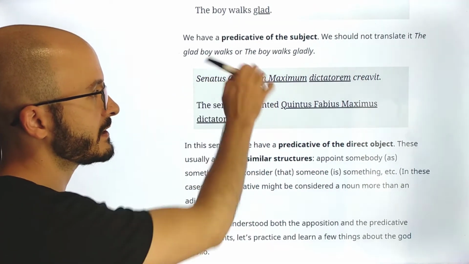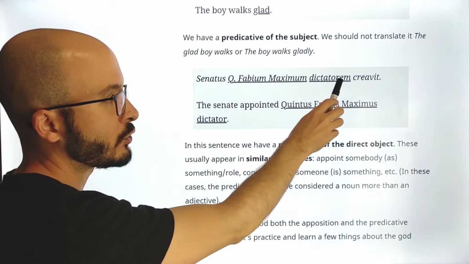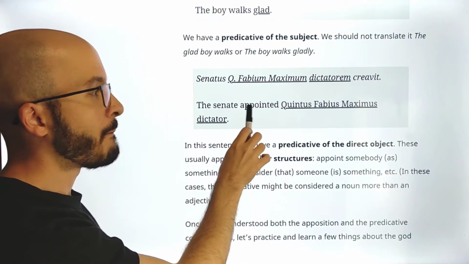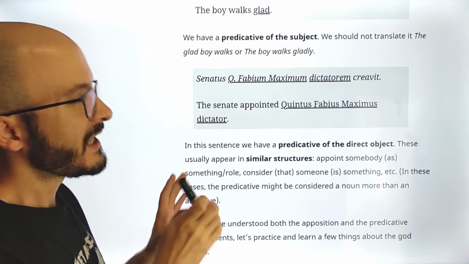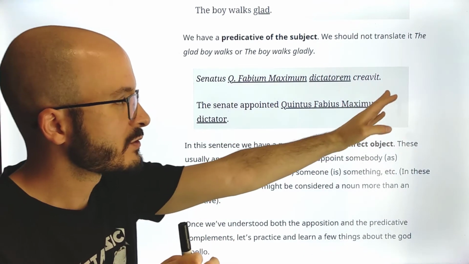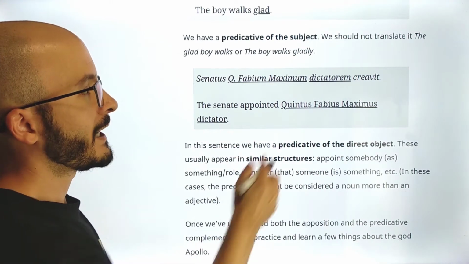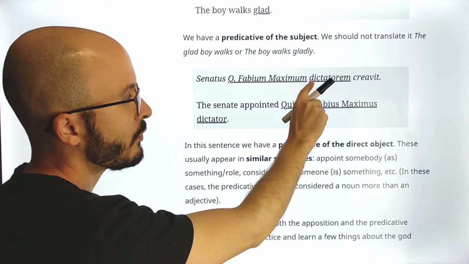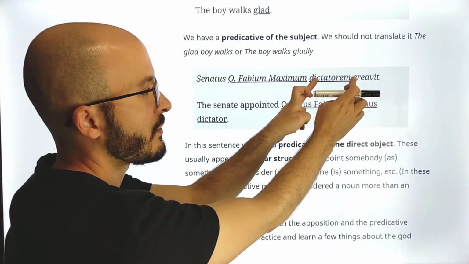Now, we have the sentence, Senatus Quintum Fabium Maximum dictatorem creavit, which we translate, the Senate appointed Quintus Fabius Maximus dictator. And here we cannot see it very well because there is precisely another line here, but here we see that there is this line here and now this line here, which means that this is a phrase and this is another phrase.